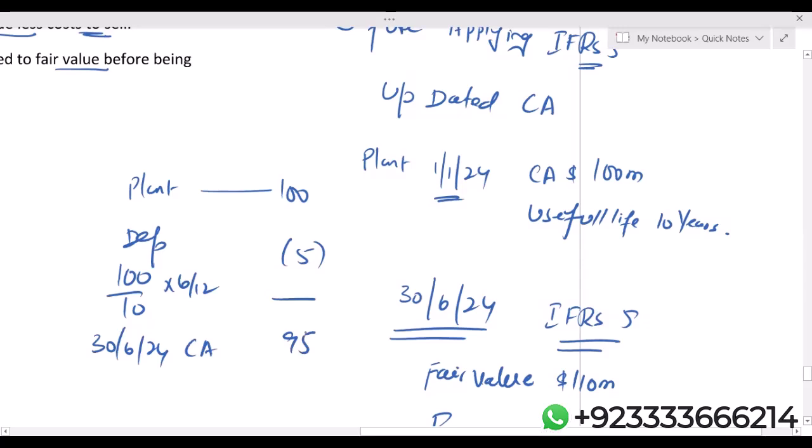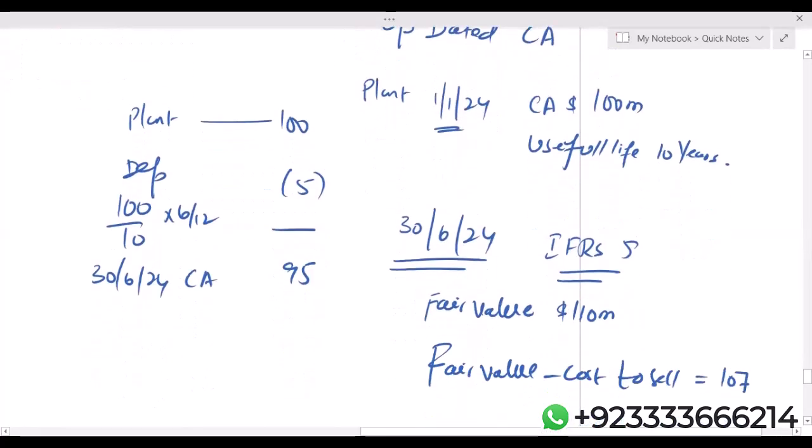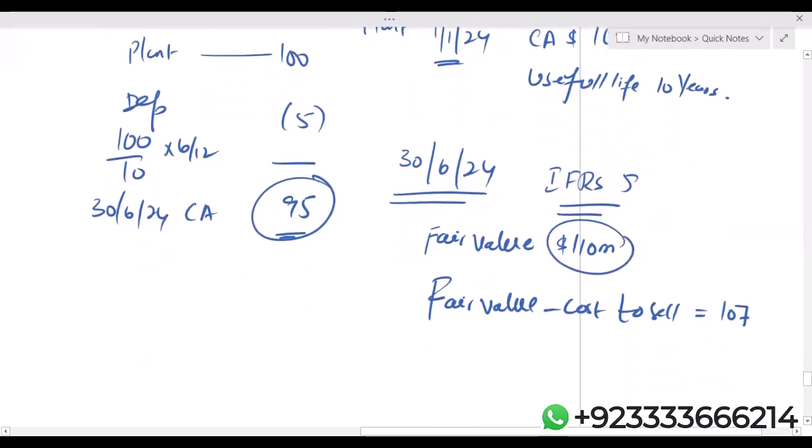Now, assuming the company follows the IAS 16 revaluation model, I have to compare this 95 with 110. So I need to recognize the revaluation surplus.